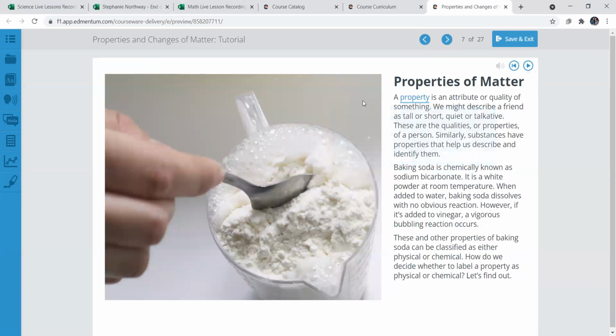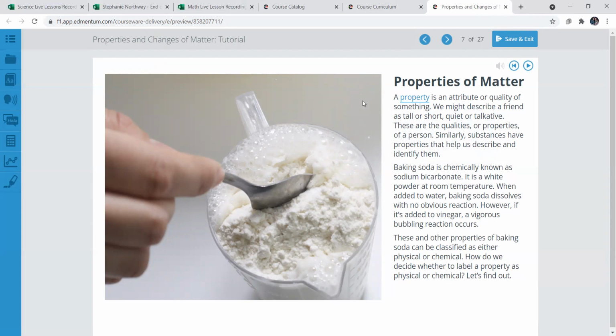So for an example, let's look at this chemical reaction we have here. It says baking soda is chemically known as sodium bicarbonate. So that is the official chemical name for baking soda. Chances are you are only going to see it written as baking soda though. It's a white powder at room temperature. When it's added to water, it dissolves in the water.